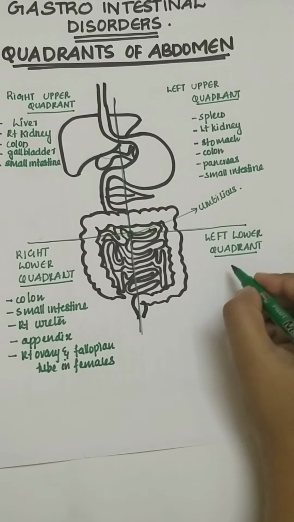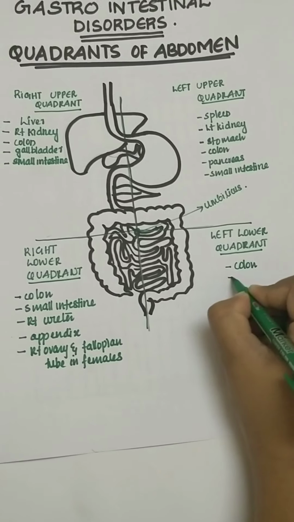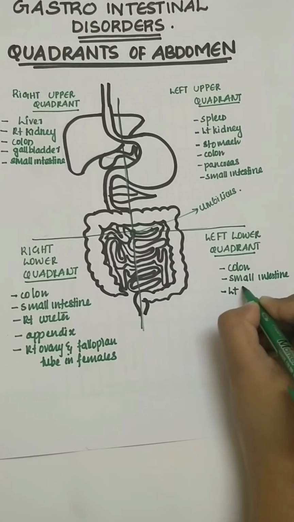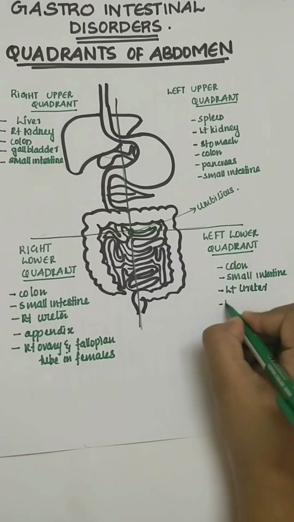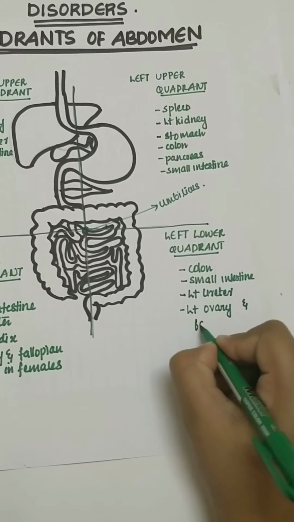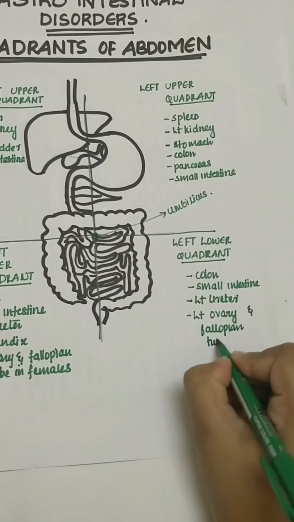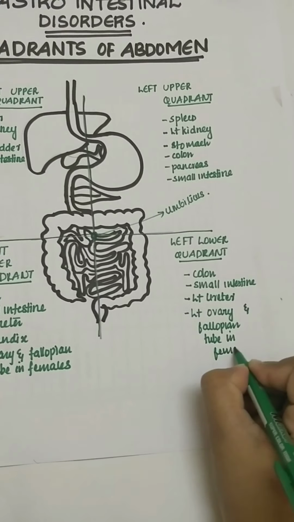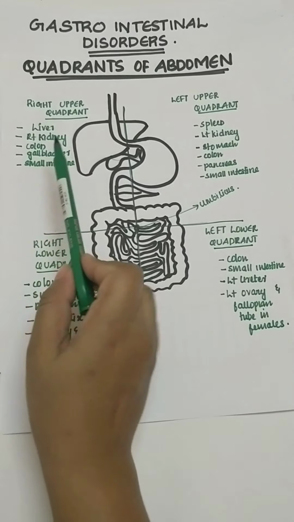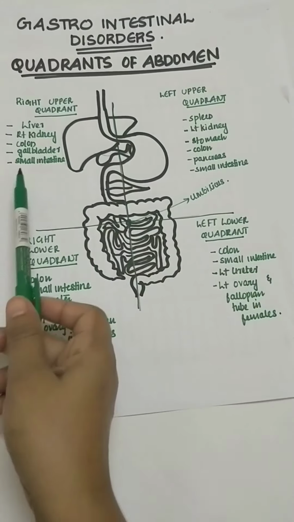Next is the left lower quadrant. It consists of the colon, small intestine, left ureter and the left ovary and the fallopian tube only in females. So this is all about the quadrants of the abdomen and the organs it consists of.